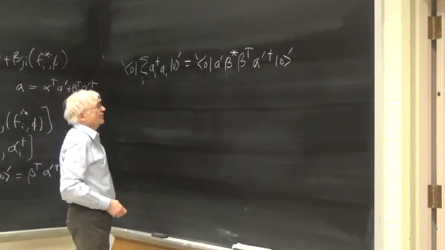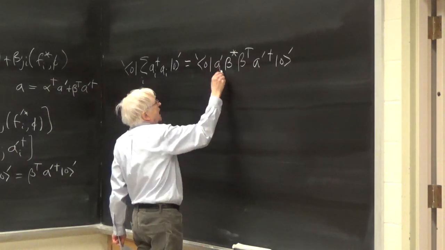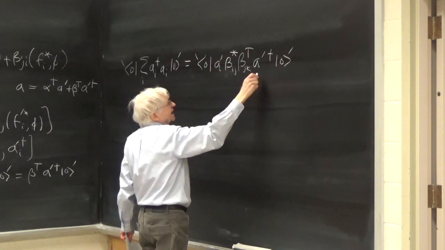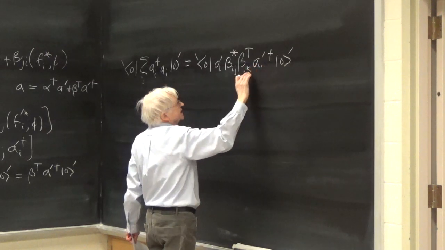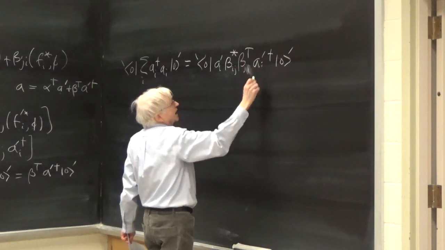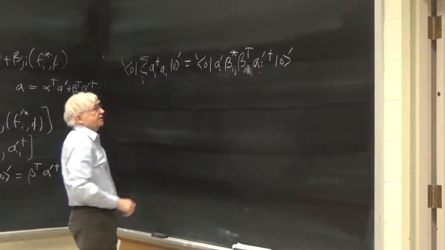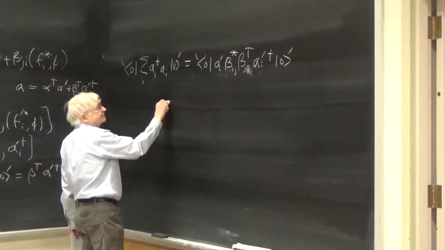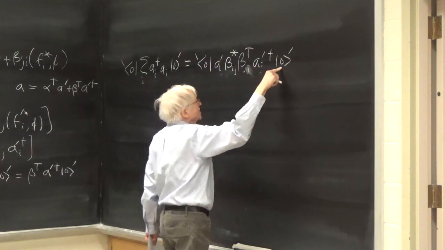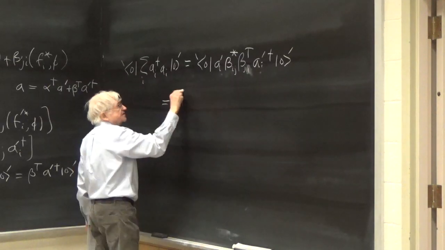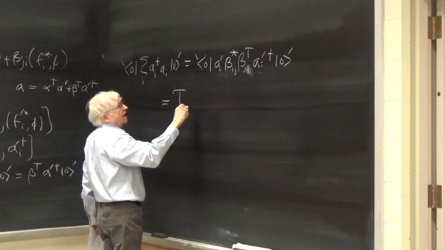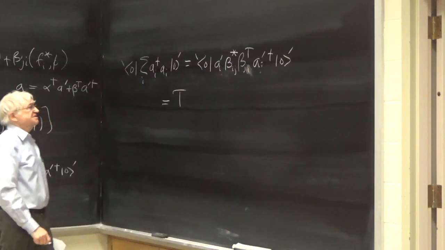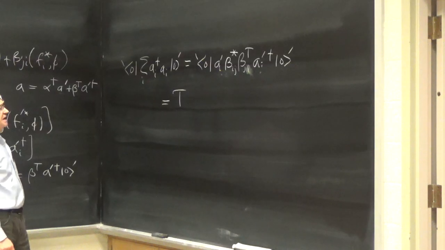And we're summing over the i's there, and so that's actually a trace. This state we're assuming is normalized, and so this is the trace of beta star, beta transpose.